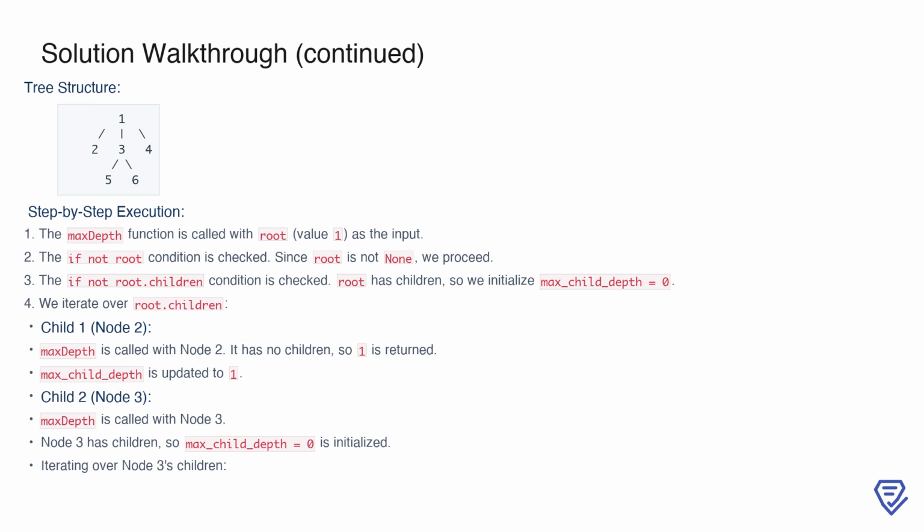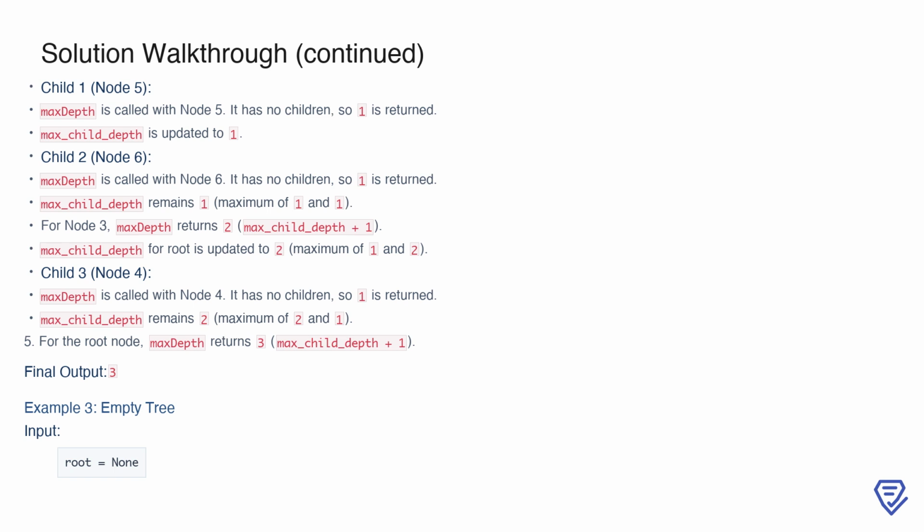Next, we move to node 3. Since node 3 has children, we recursively calculate the maximum depth of its subtree. At this point, max_child_depth for node 3 is initialized to 0, and we begin iterating over its children. For node 3, the first child is node 5. The maxDepth function is called with node 5, which has no children, so it returns 1.